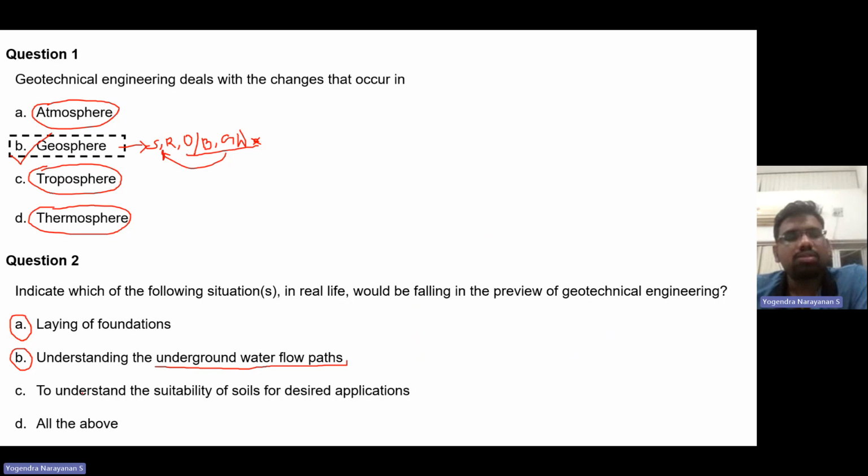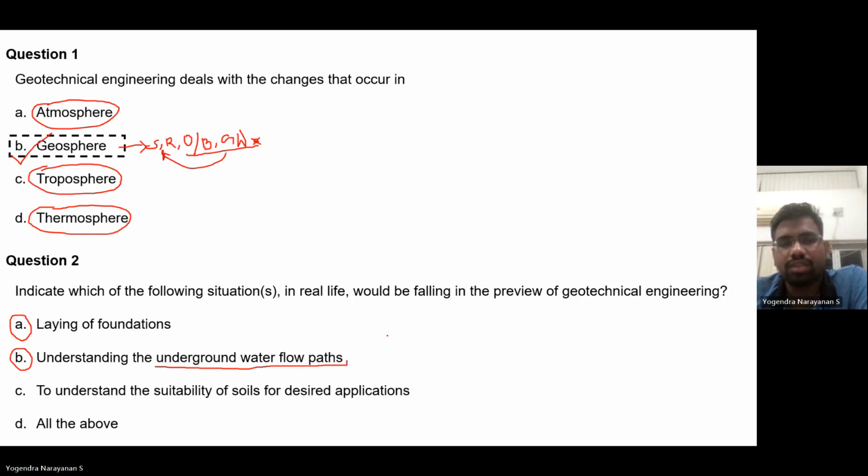So coming to the third option, to understand the suitability of soils for desired applications. Apart from laying of foundations and hydraulic aspects, for other interdisciplinary applications, soils are preferred.